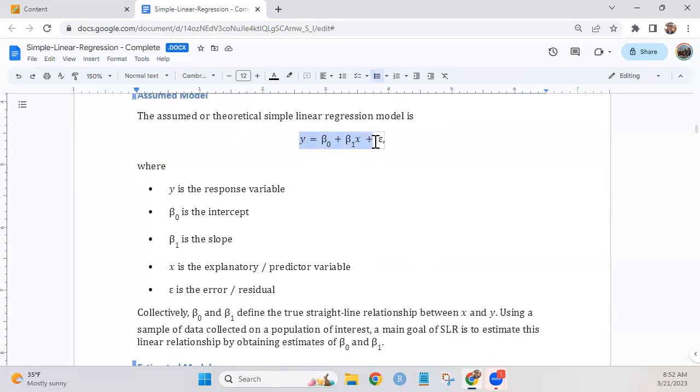And notably, this theoretical model, the wording of how I said that is very careful. This is the true average blood pressure of all people, which is a number we'll never have. We don't know that number.